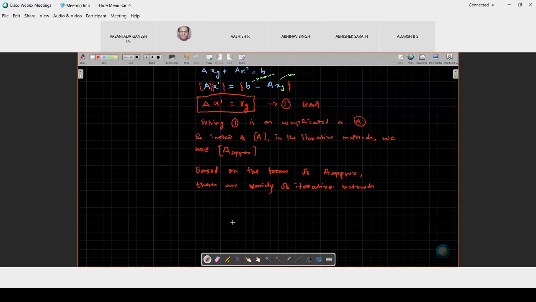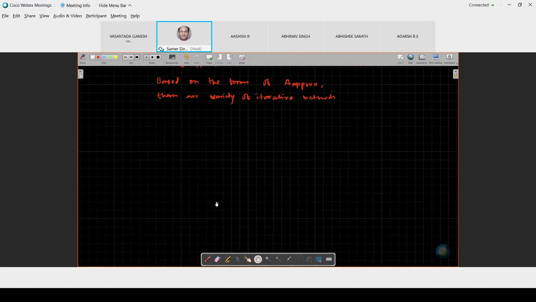So for example, what is A approximation? You can do the approximation by many techniques. A approx in one case can look like this: suppose your original system has A11, then A22, A33, and likewise ANN, and all other terms 0.